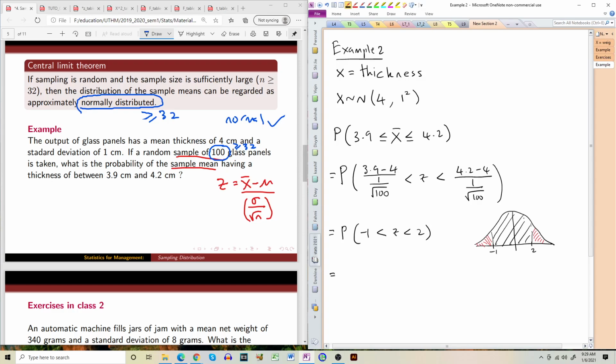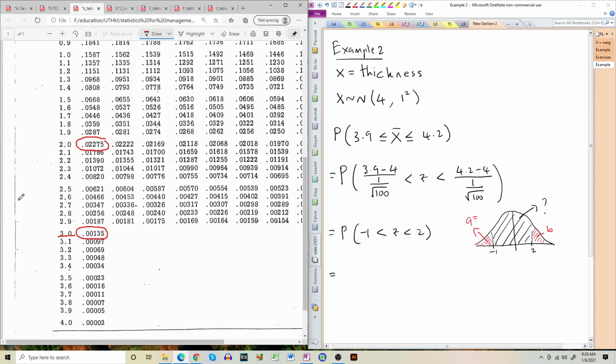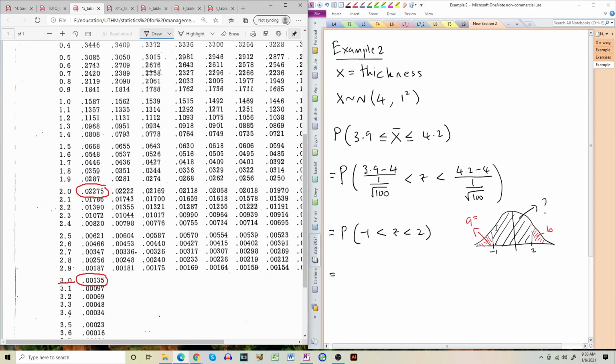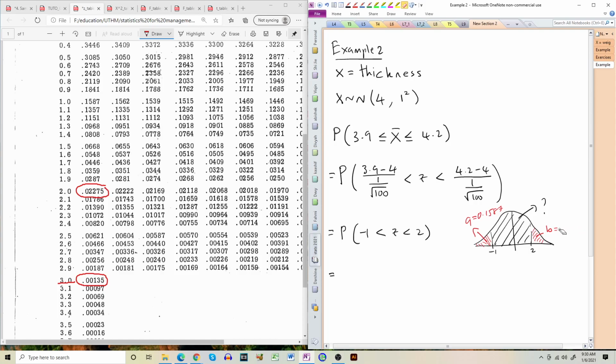So we want this answer. What is this one? 1 minus, remember this one? 1 minus A and B. If you look at the table, your A would be 0.1587. Your B would be 0.02275.